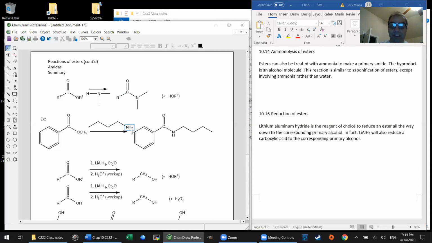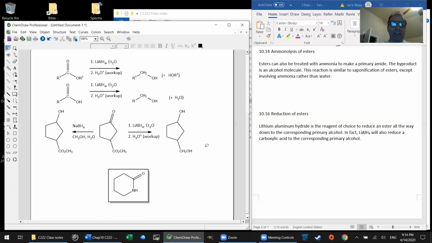And if instead of butylamine, we just used ammonia, NH3, well, then you just get the primary amide, benzamide. Conceptually, this is no different than hydrolysis of esters. We're just replacing the oxygen of water with the nitrogen of either ammonia or a primary or secondary amine. Other than that, it's identical.